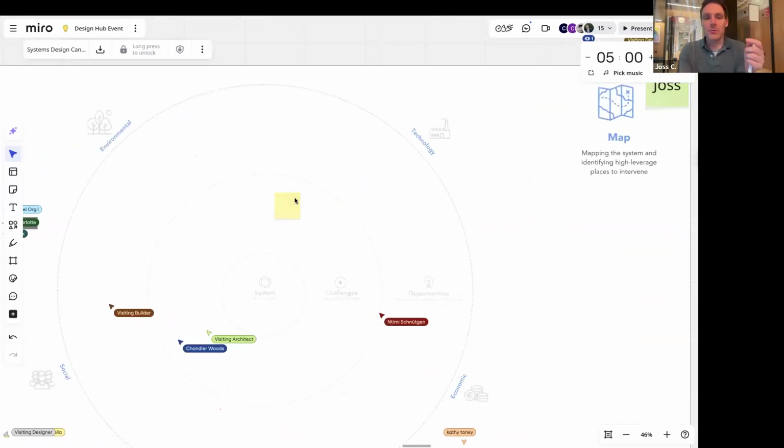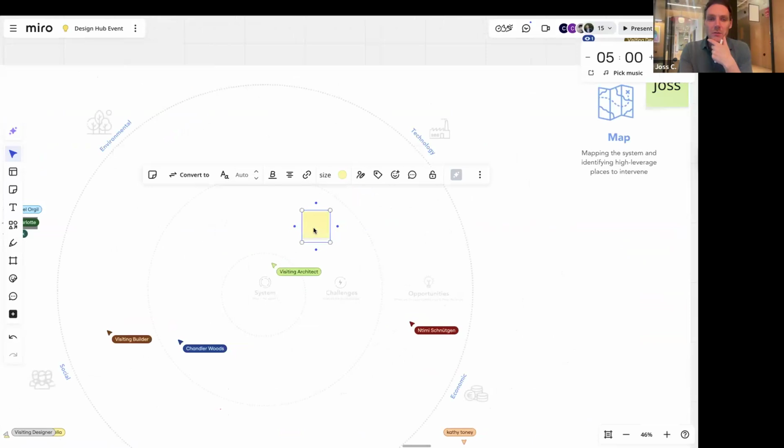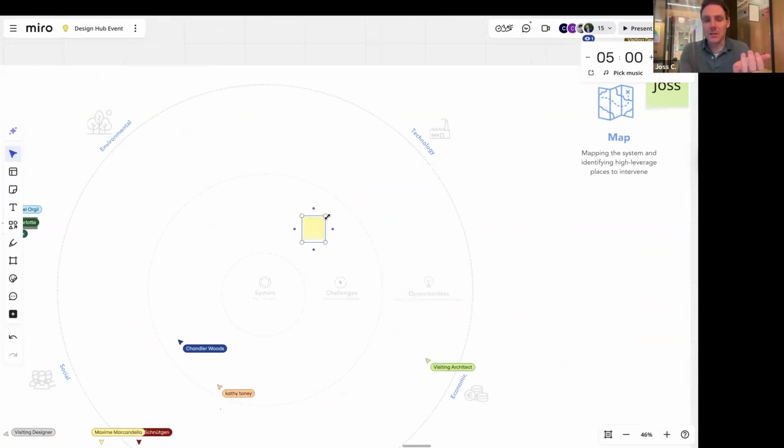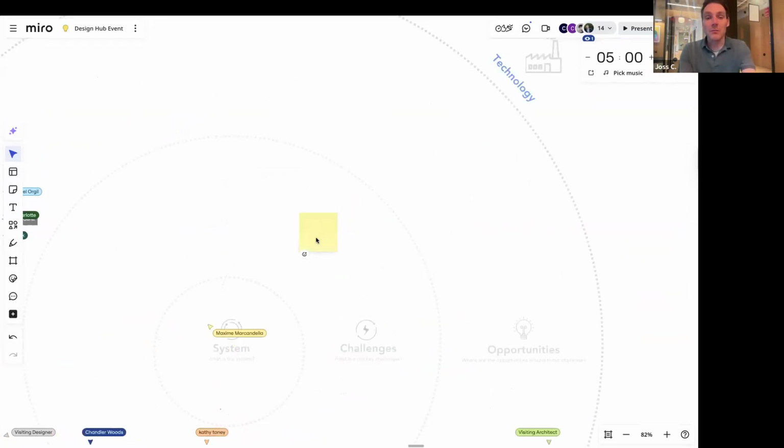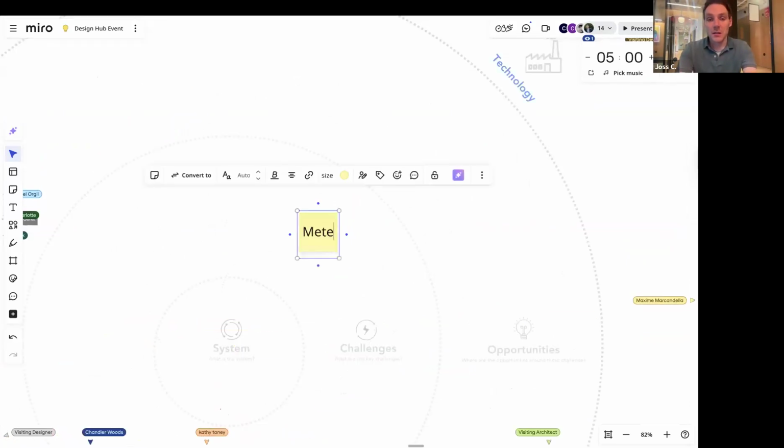So we would post up our stickies now. We'll take a few minutes. What do we think of the factors affecting this system dynamic? For example, in technology, we might have one like metering or something like that.